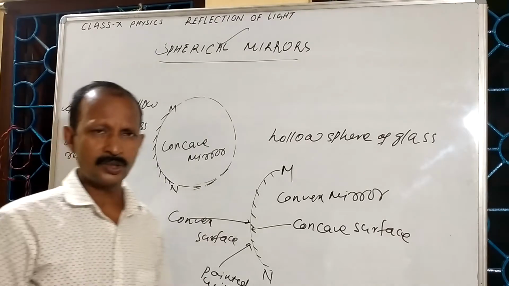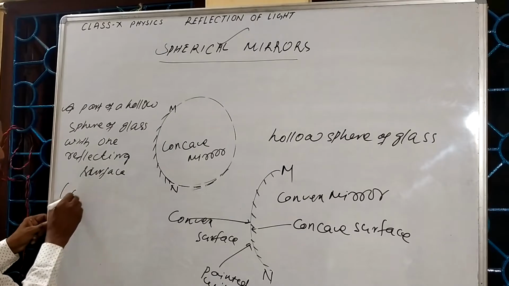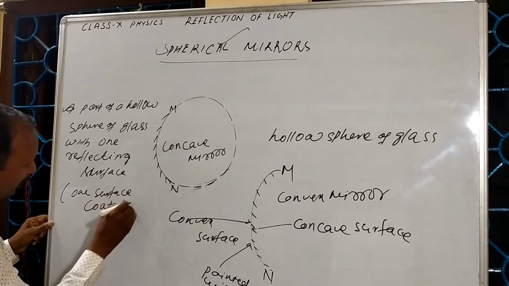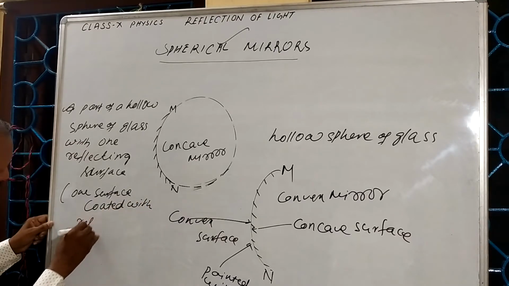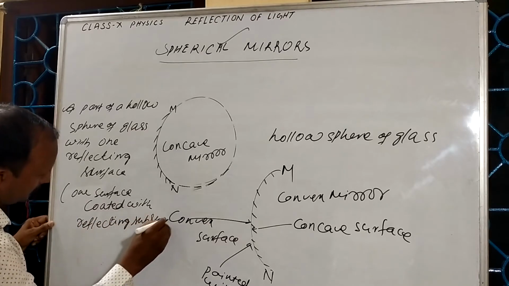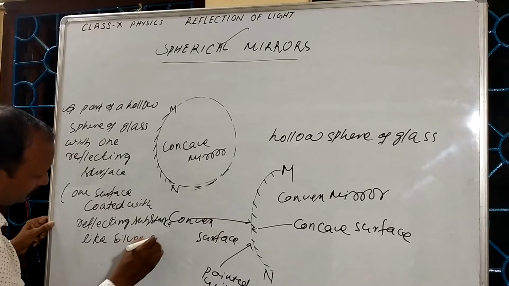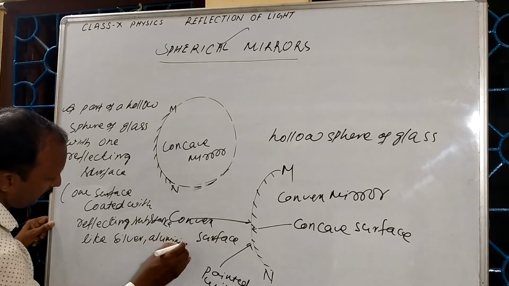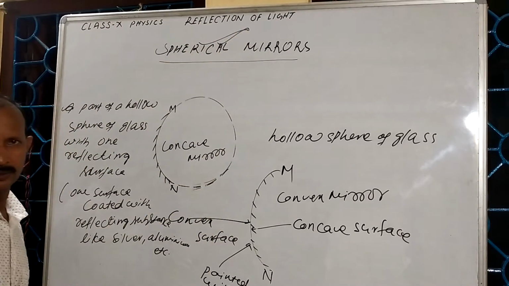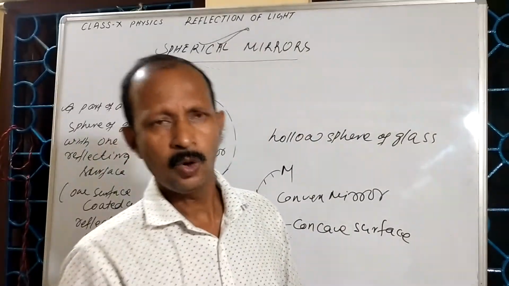Reflecting surface means one surface coated with a reflecting substance like silver, aluminium, etc. This is called the spherical mirror: a part of a hollow sphere of glass with one surface coated with silver.